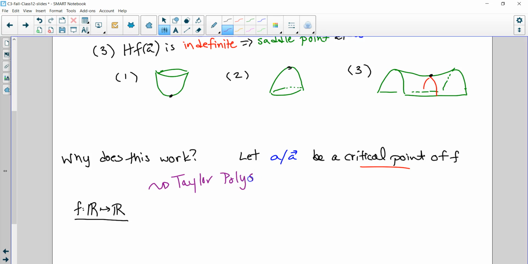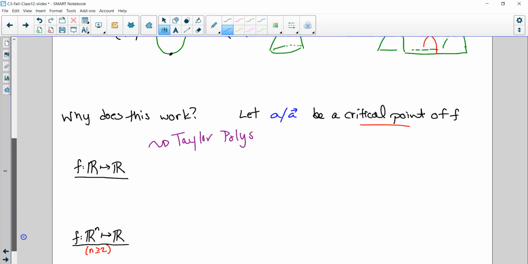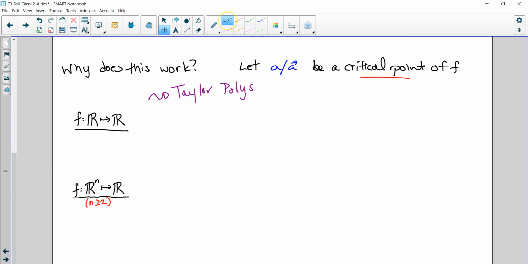In the case of single variable calculus, when we're pretty close, we could approximate f of x as approximately f of a, the 0th degree term, plus f prime at a times x minus a, plus 1/2 f double prime at a times x minus a squared, plus dot dot dot.